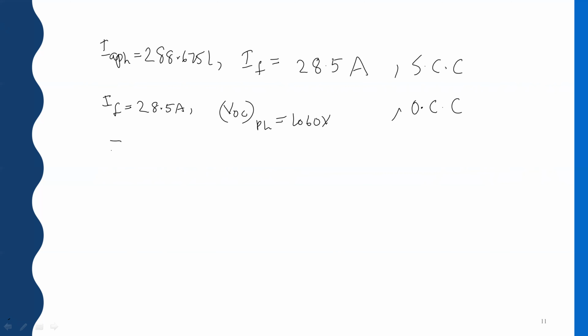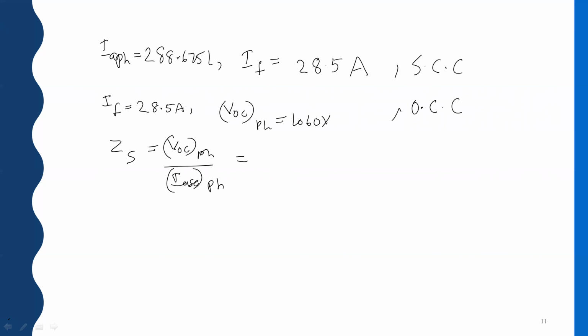Now, I have to calculate my ZS and RA. How to calculate my ZS? ZS equals VOC per phase by IA SC per phase. You have to do the same for your calculations also. You have to find out ZS, find out RA using one more different circuit, and find out XS. Then only I can find regulation.